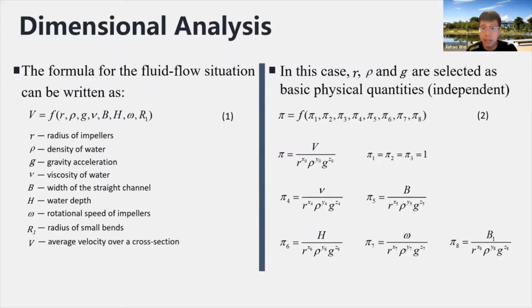In this case, r, rho, and g are selected as basic physical quantities because they are independent of each other. And this means other parameters like viscosity can be expressed by the dimensions of these three basic physical quantities.